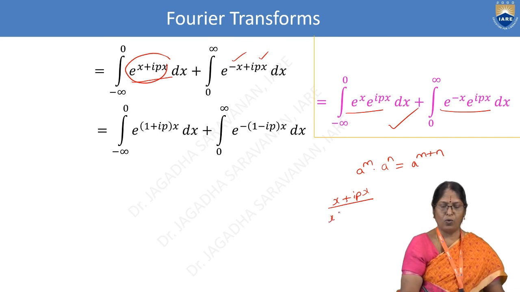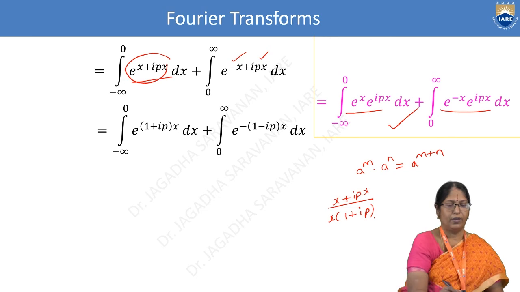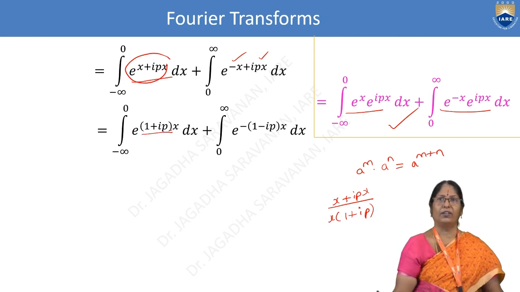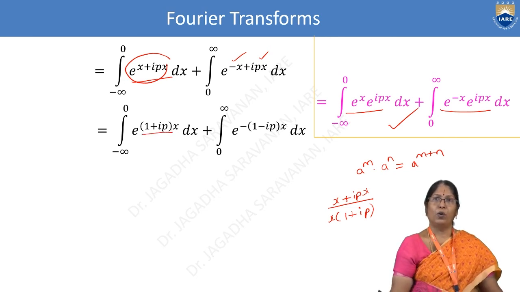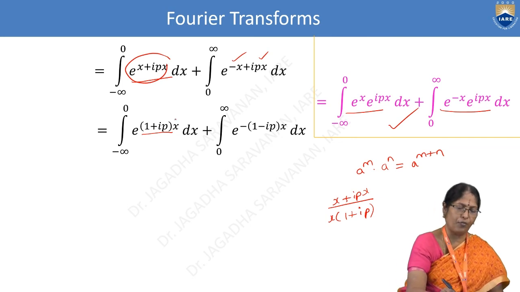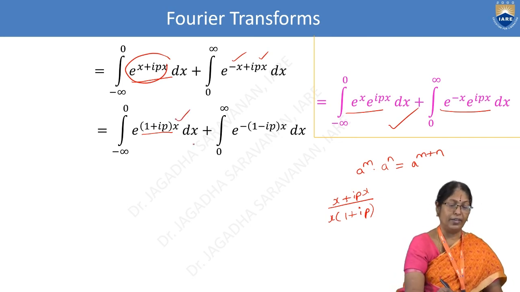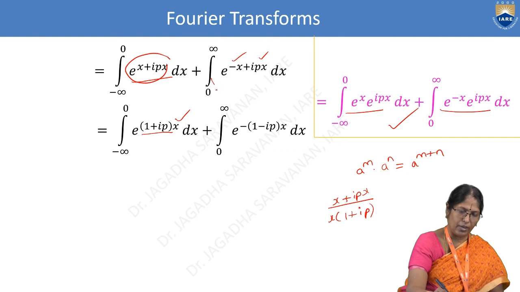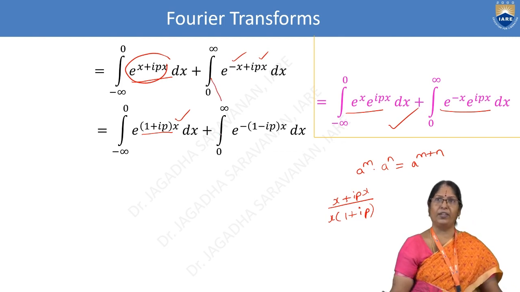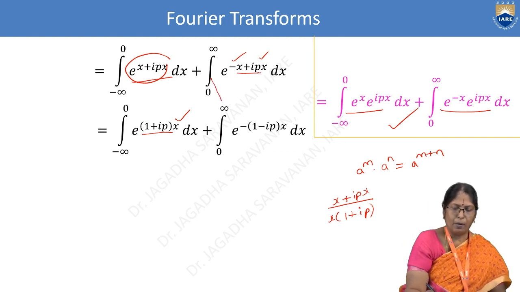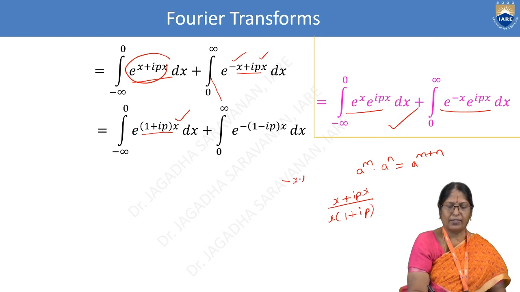We have taken it out, so the remaining 1 plus ip is kept here: e power 1 plus ip of x dx, plus integral 0 to infinity. Here minus x plus ipx is there.